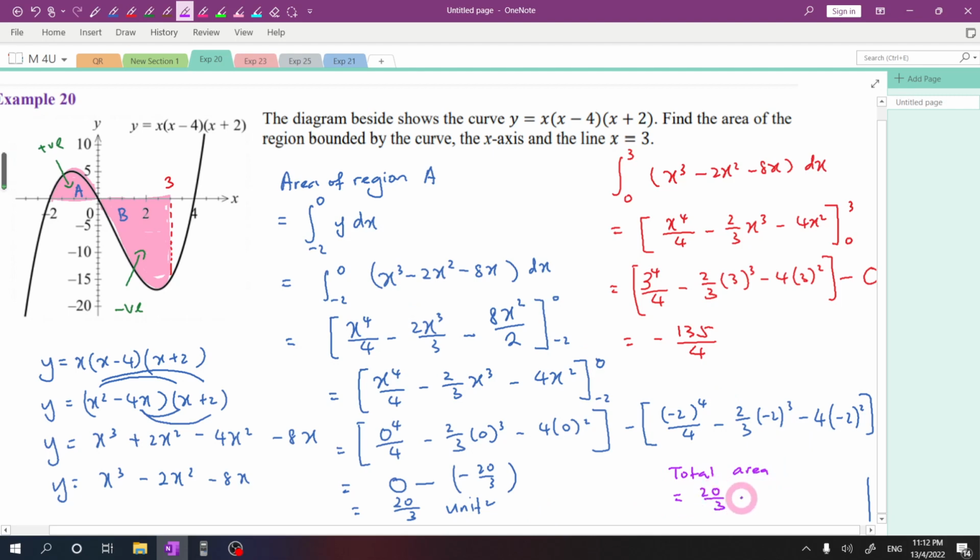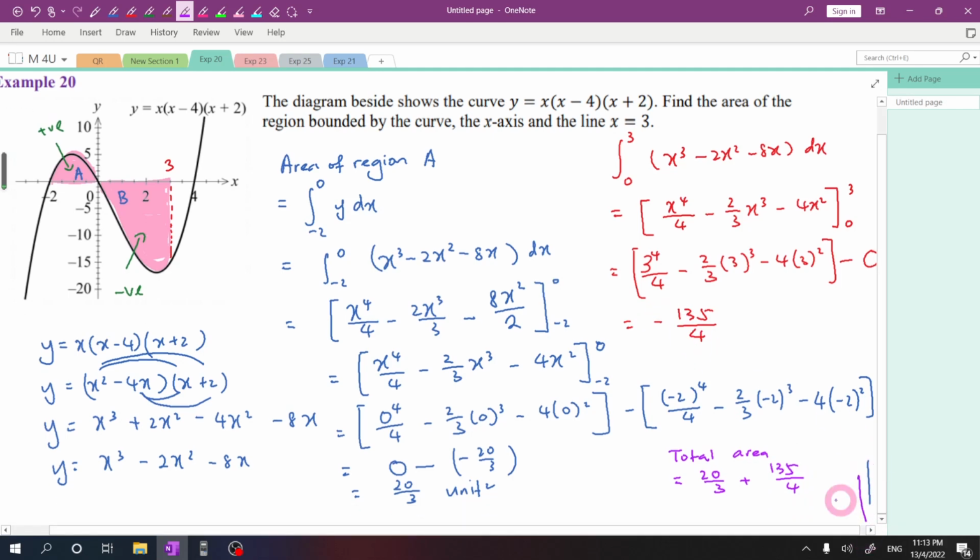20 over 3 plus, remember the modulus. You can write modulus negative 135 over 4. If you don't want to write modulus negative 135 over 4, you can just write 135 over 4. Take the number only without the negative sign, because area cannot be negative, right?